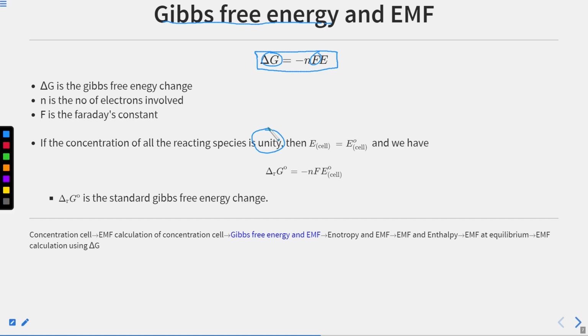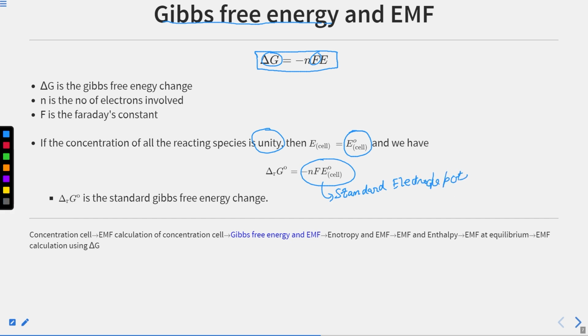Then in that case E cell will be equal to E naught cell. So delta G naught will be equal to minus nFE naught cell. E naught is our standard electrode potential.